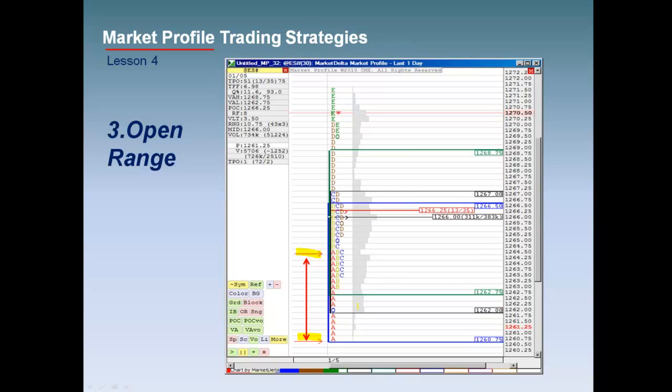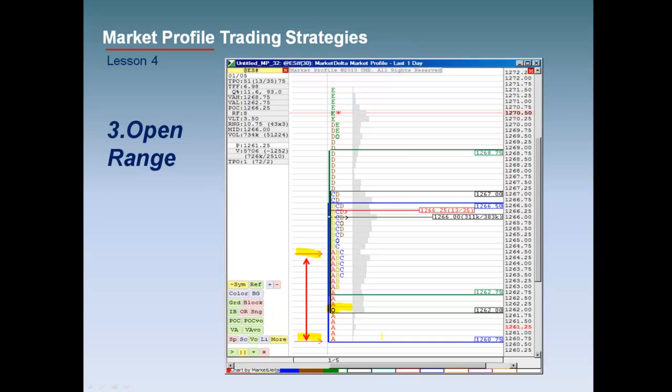First of all, we need to be able to identify the open itself, and the open was at 1262, exactly at 1262. Now, prices dropped from the open, and they also went up. So the range encompasses the entire movement, not just from open to close, but all of the TPOs, every single price that was printed during that first half hour.